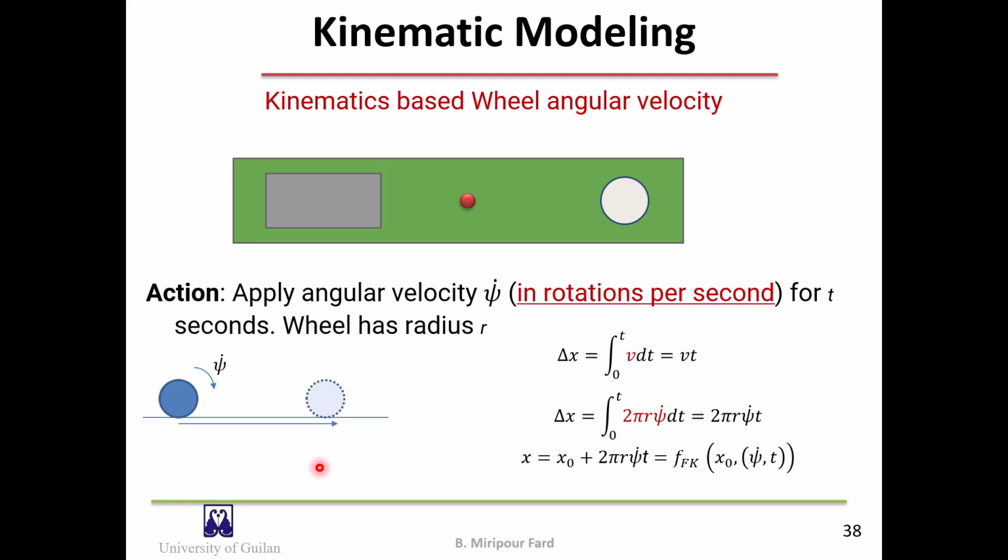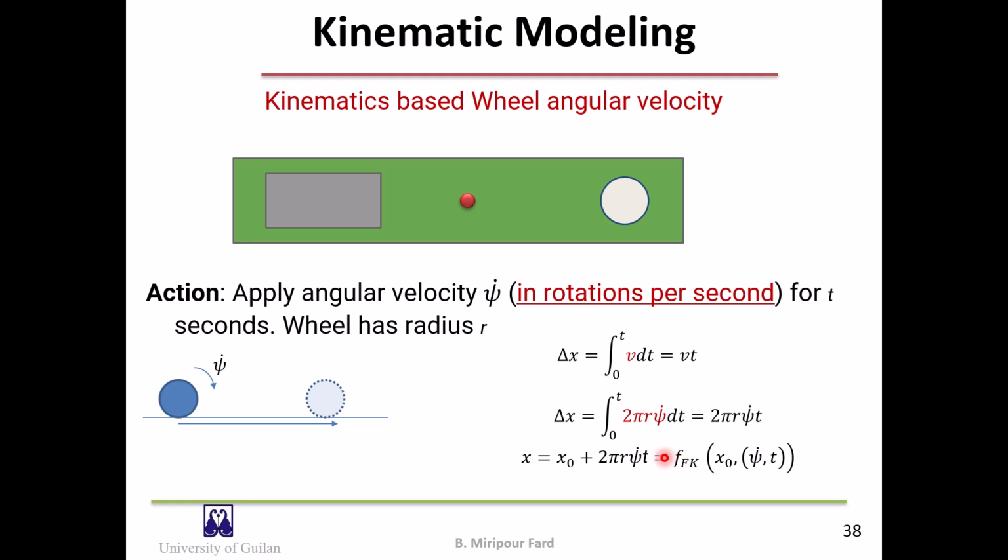We can also represent the kinematic model based on wheel angular velocity. If one applies constant angular velocity psi dot in rotations per second for t seconds, and r denotes the radius of the wheel, the forward kinematic model can finally be written as x equals x0 plus the multiplication of 2 pi r psi dot t, and FFK is obtained.